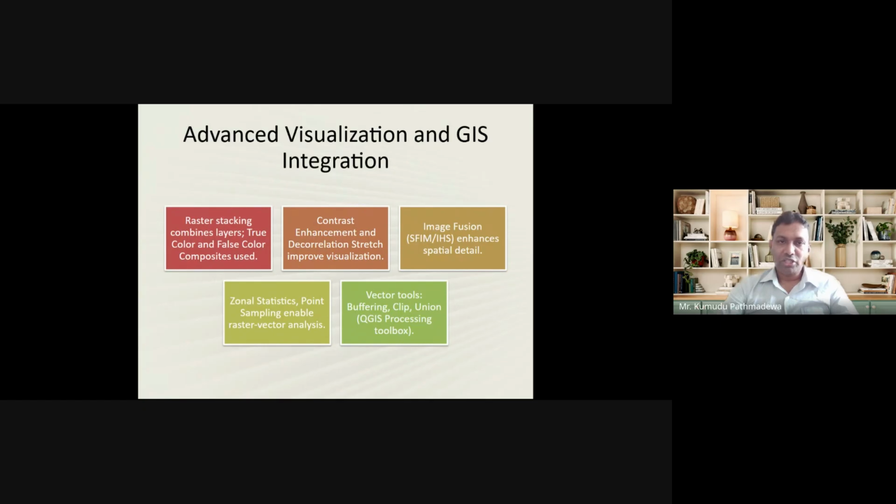While integrating GIS, you can do some tools like buffering, clipping, union, and zonal statistics using GIS tools. In the previous lecture, I also said that GIS and remote sensing are complementary.